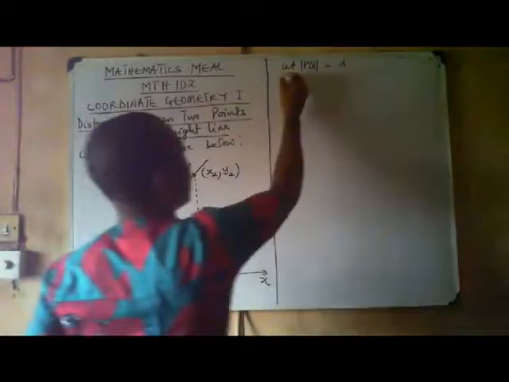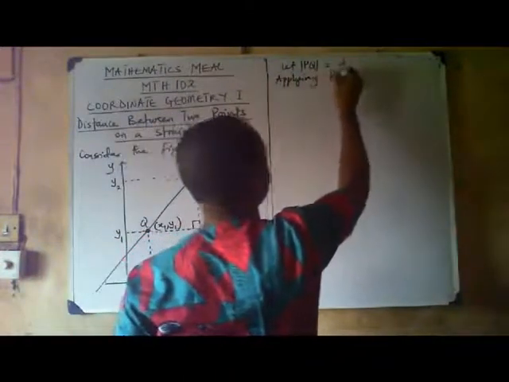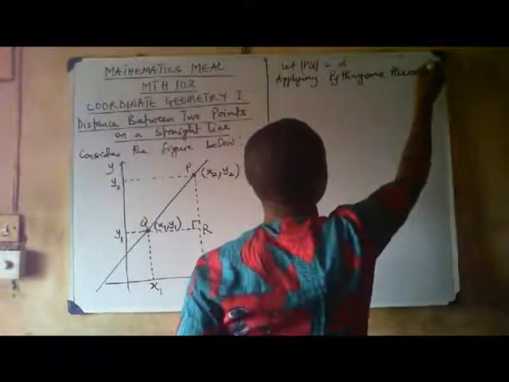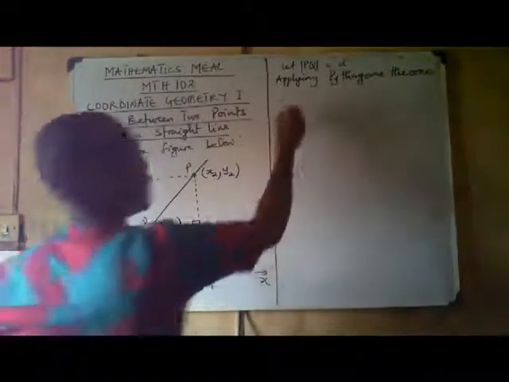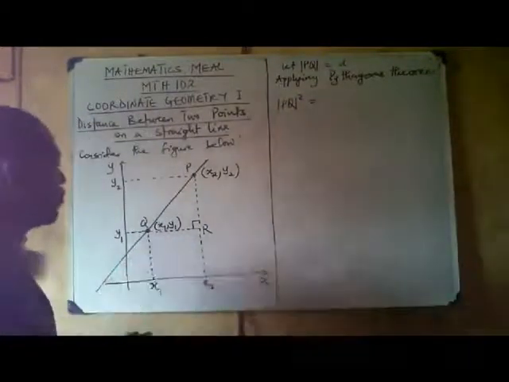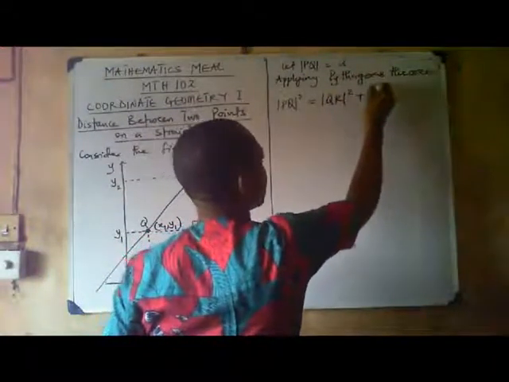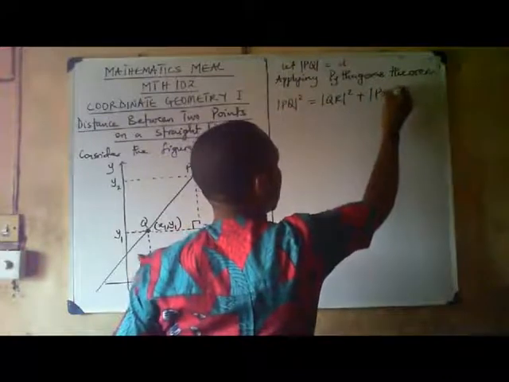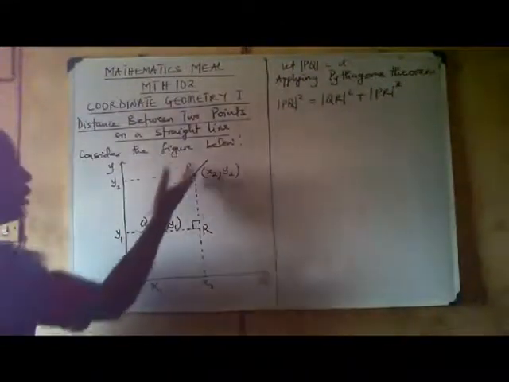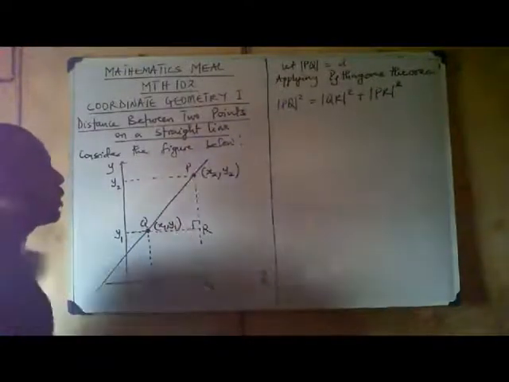So applying Pythagoras theorem, we can have that PQ squared is equal to the sum of the other two sides. So it's equal to QR squared plus PR squared.